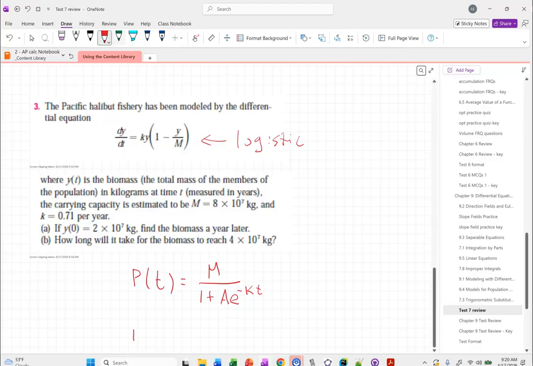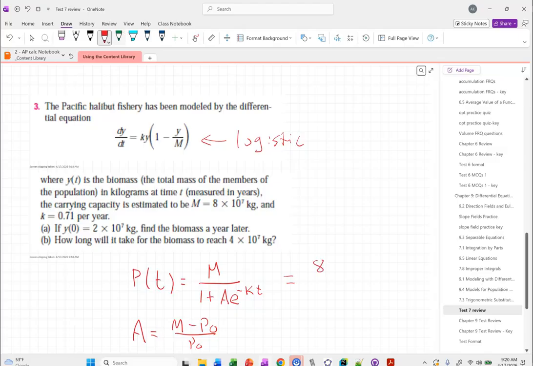And we know that A is equal to (M minus P naught) over P naught. So that should be everything I need. I just have to make sure my units all match up, but I think they were nice and gave everything in kilograms.